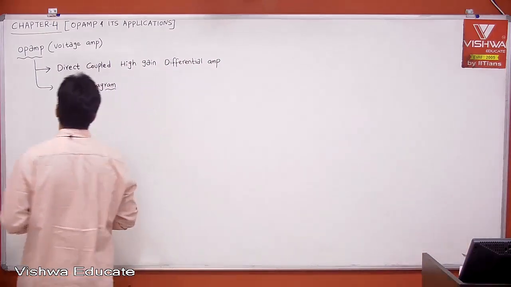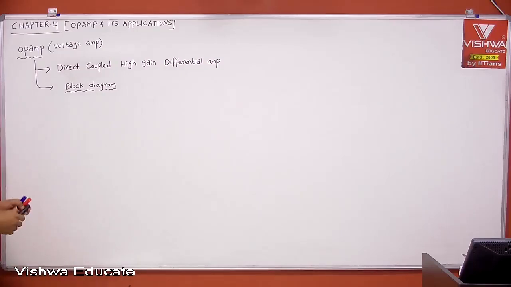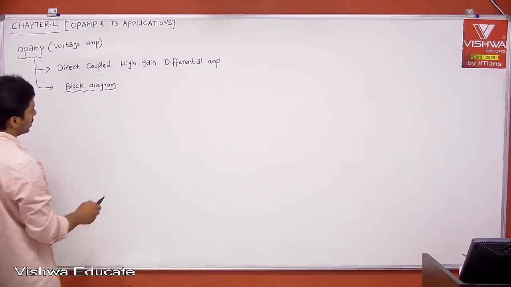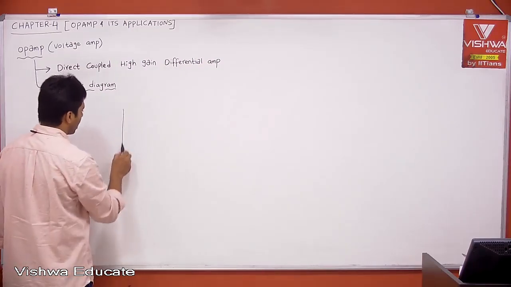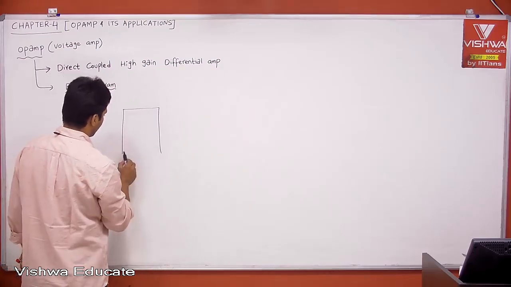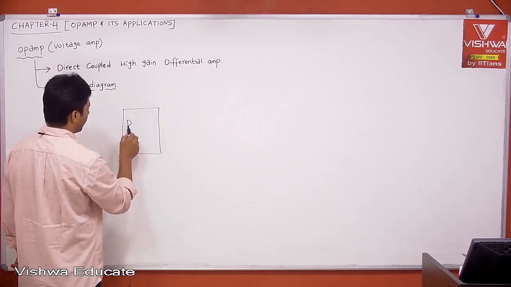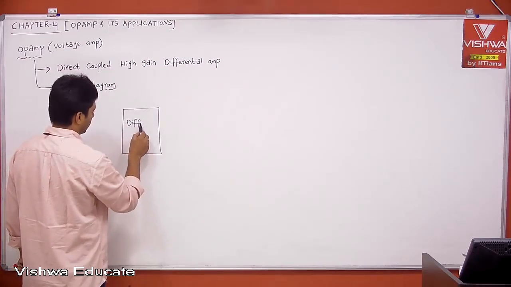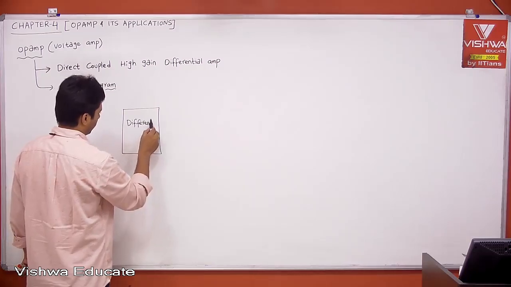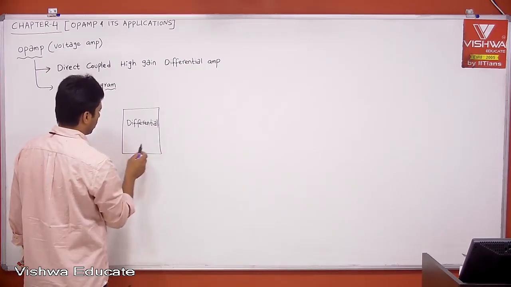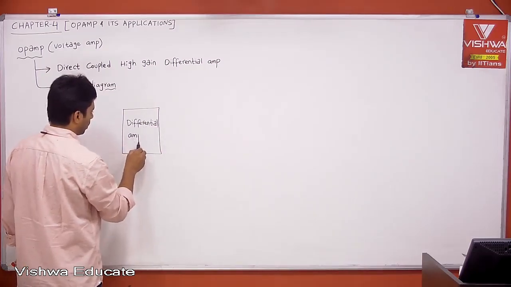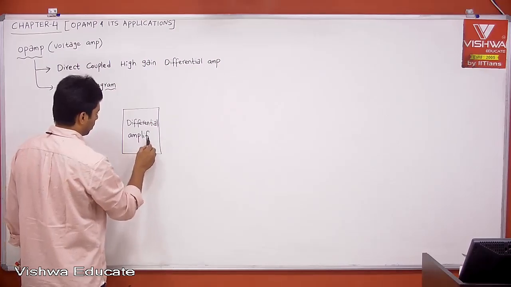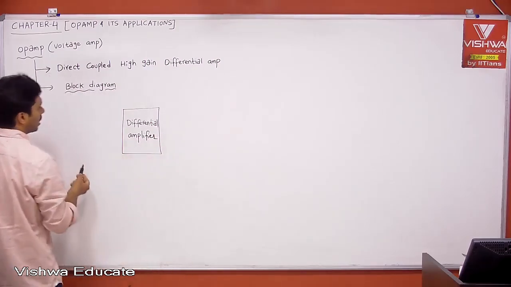Now, if you see the block diagram, I'll explain one by one. The first stage will be a differential amplifier. Just listen. The first stage is a differential amplifier, and it has two inputs.